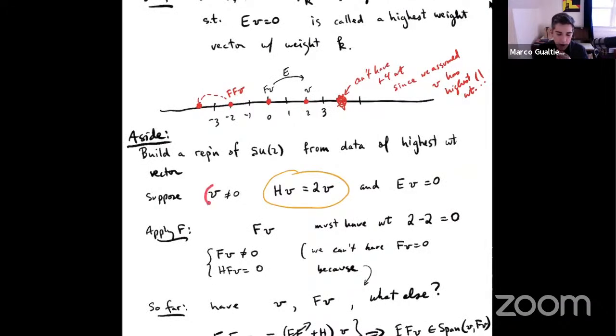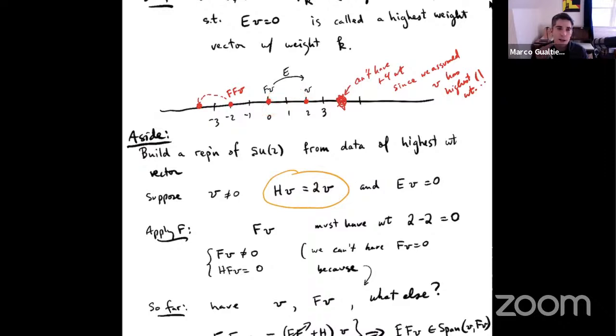So take a non-zero vector, and let's suppose that it has weight 2. So it's right here, V. And let's suppose that it is a highest weight vector, meaning that E applies to this to give 0. Now we're going to apply F. If we apply F, it will have weight 0.